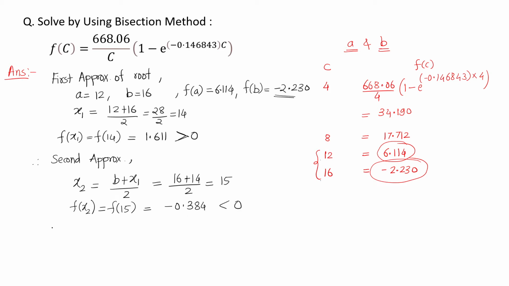So for the third approximation, at x2 the function value is negative, so we have to take the value between b and x1 such that the function value should be positive, and the function value at the point x1 is positive.